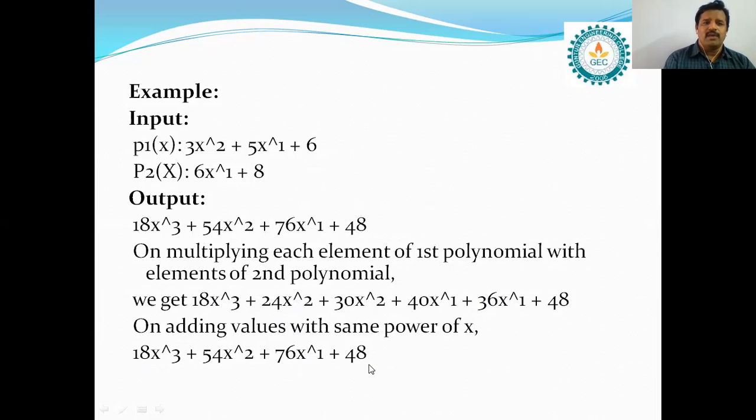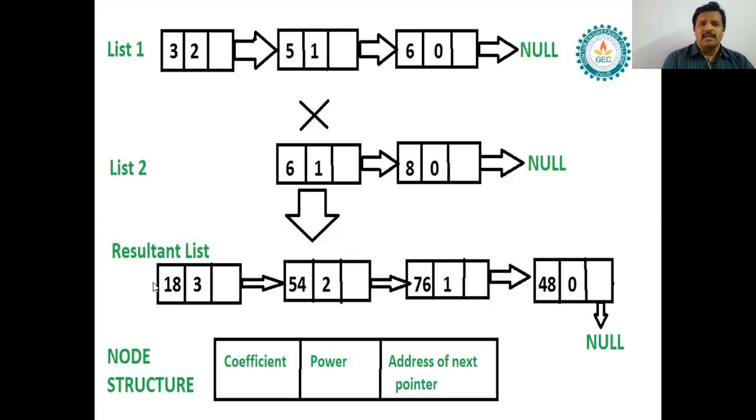In this way, we can multiply the two polynomials by using the arrays. Just represent them in the form of arrays. Here 3x square plus 5x plus 6 and here 6x plus 8. These two polynomials can be multiplied with each other and we can get the same 18x cube plus 54x square plus 76x plus 48.